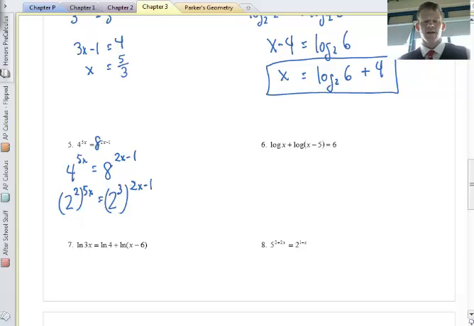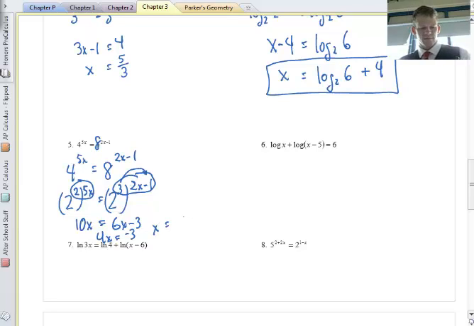And then, because you have the same base, you could say that you have 10x, remember, multiply these powers, equals 6x minus 3. Don't forget to distribute that 3. And you would solve, you had 4x equals negative 3. X would equal negative 3/4.